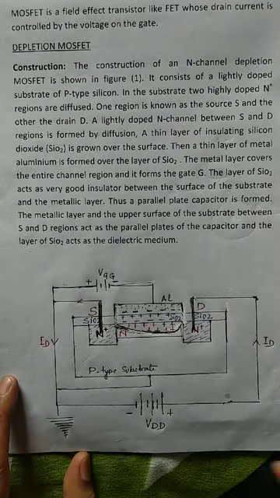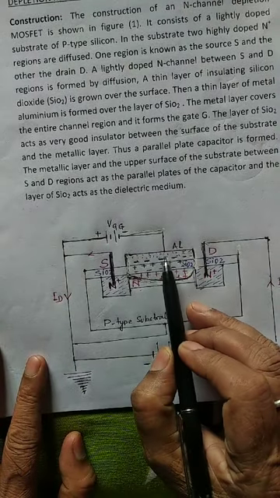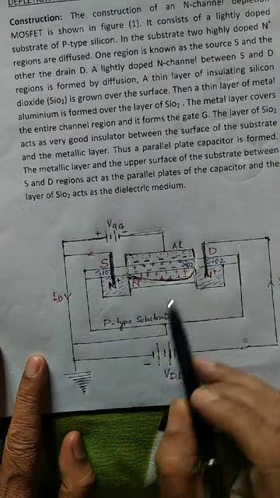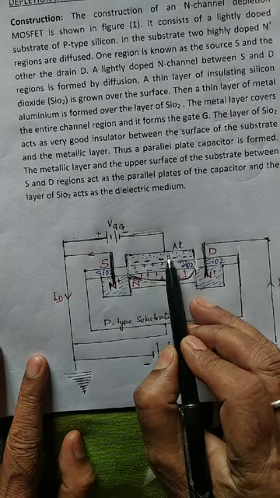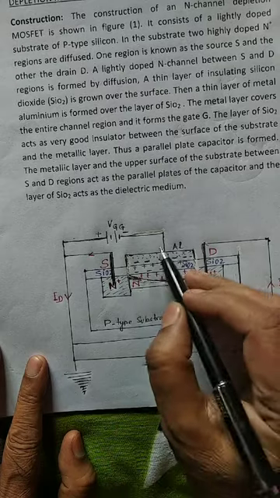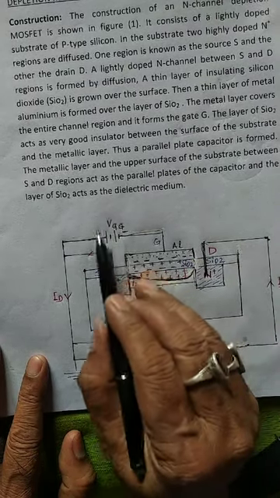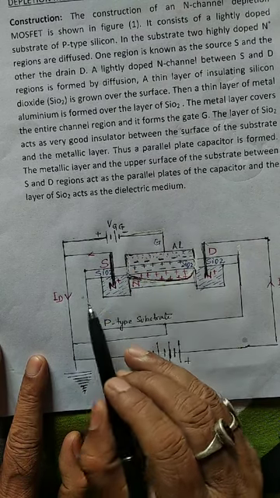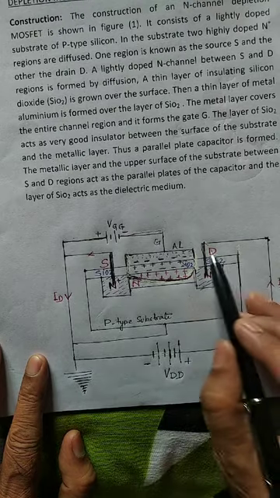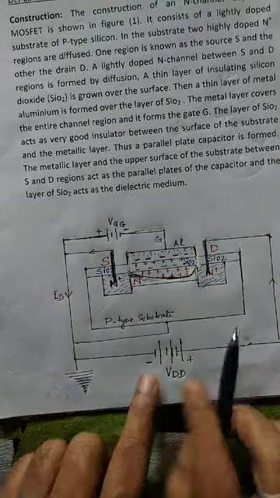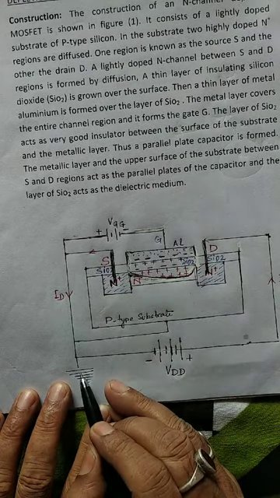Now here we connect drain with source. This is your gate and this is your source. It is connected with VGG, and source is connected with drain. You can see the negative terminal. Source is grounded.